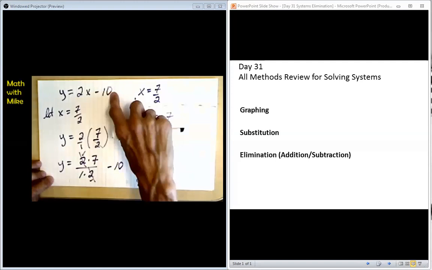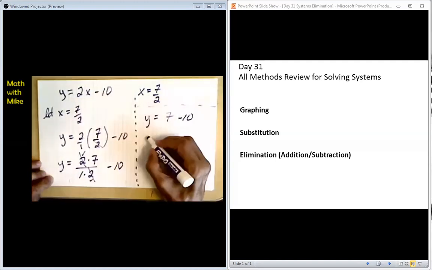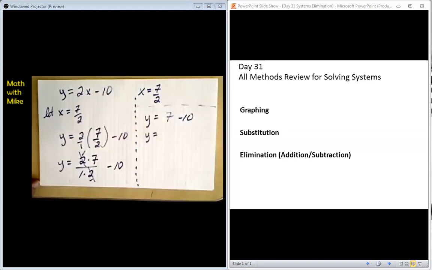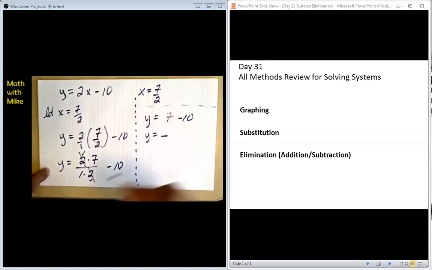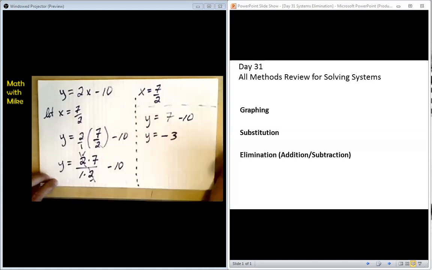Still minus 10 all the way along. And that'll get a final value for y, which is how much? Not 70. No, it's a minus. Minus 3. Yep, minus 3 indeed.